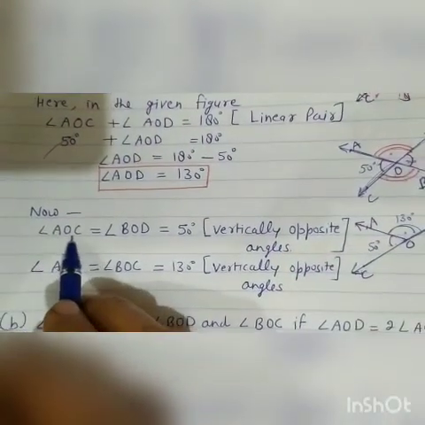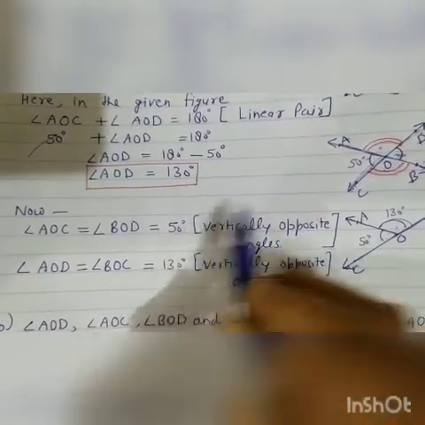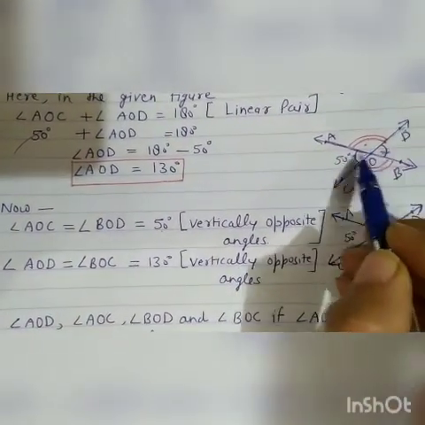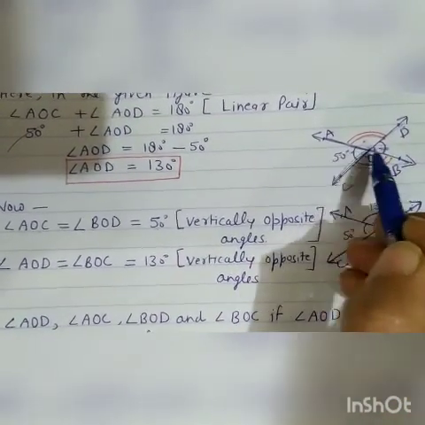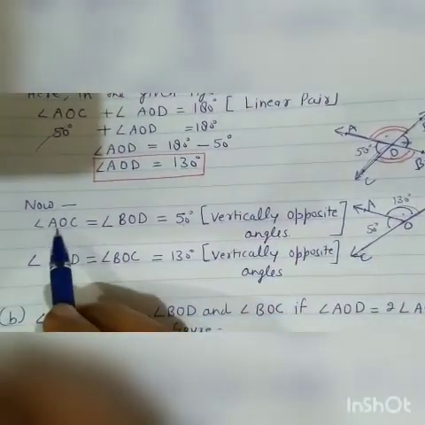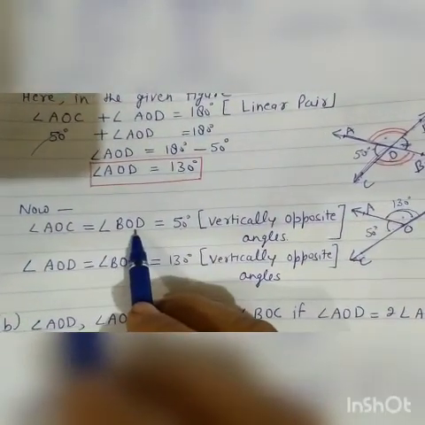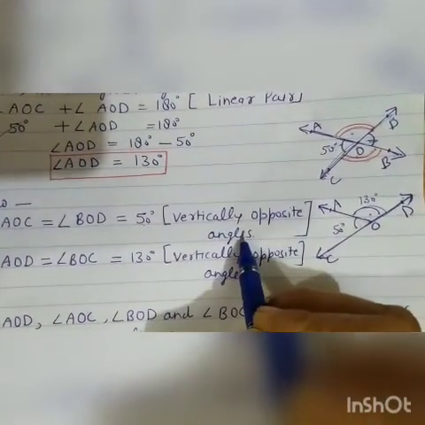So angle AOC is equal to angle BOD, equal to 50 degree. Vertically opposite angles are equal. ये दोनों एक दूसरे के आमने सामने एंगल्स बन रहे हैं, इन दोनों का मेजरमेंट सेम होता है. So angle AOC is equal to angle BOD, equal to 50 degree. These are vertically opposite angles.